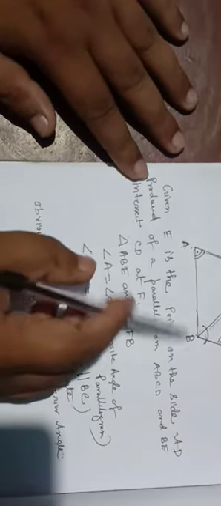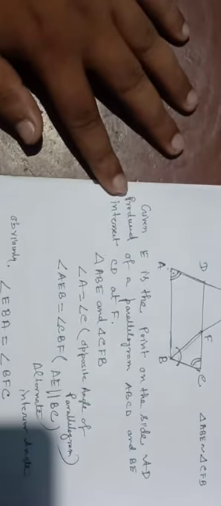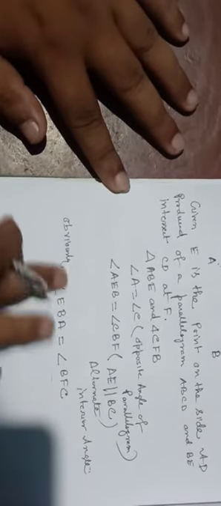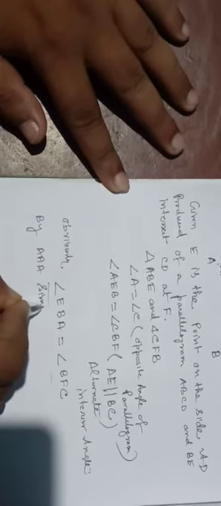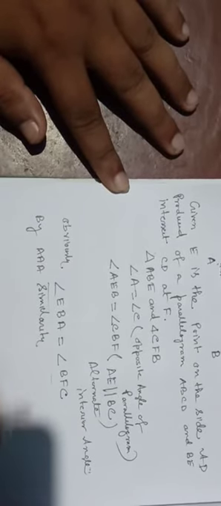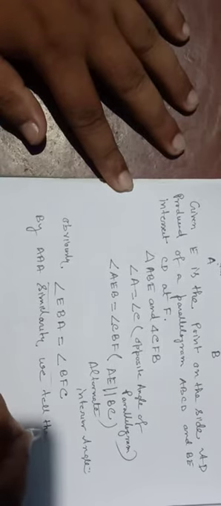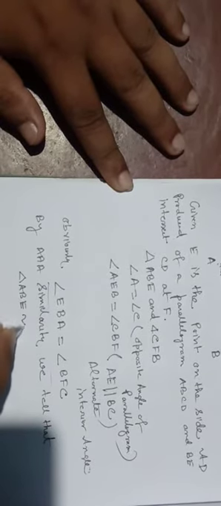Definitely we can say that, because the other two angles are the same for the corresponding triangles. So by angle similarity, we can say that triangle ABE is similar to triangle CFB.